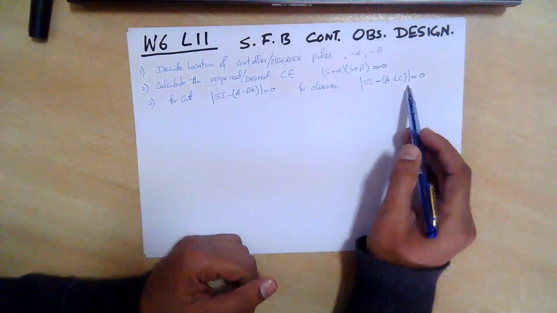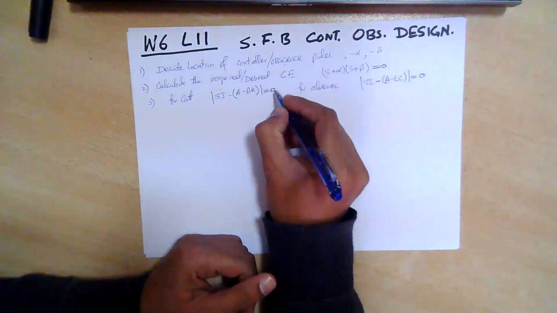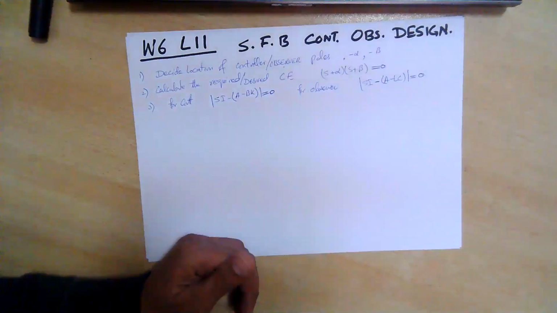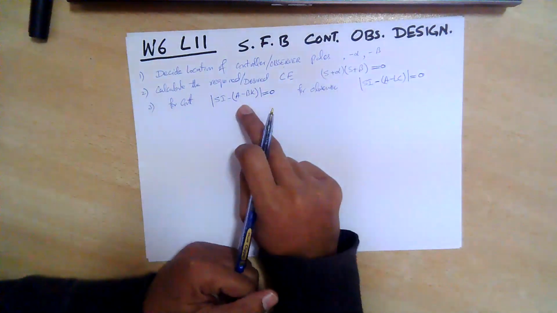So if you are not given the agility of the observer, you have the freedom to select the observer poles. And remember, observer poles should ideally be 10 times faster than the controller poles, right?